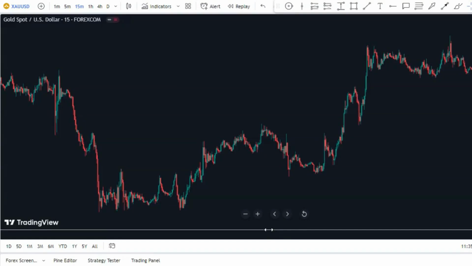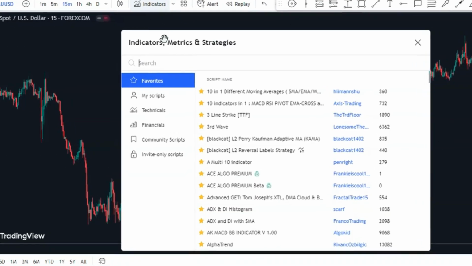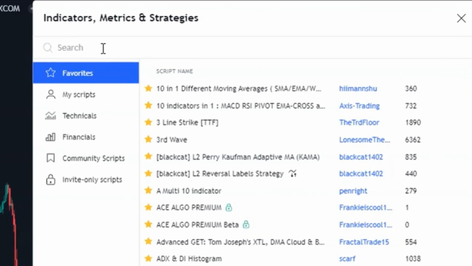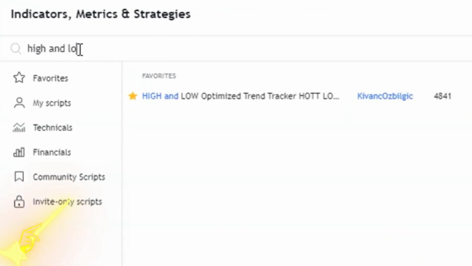The first indicator that we will use in this very profitable strategy is called High and Low Optimized Trend Tracker.